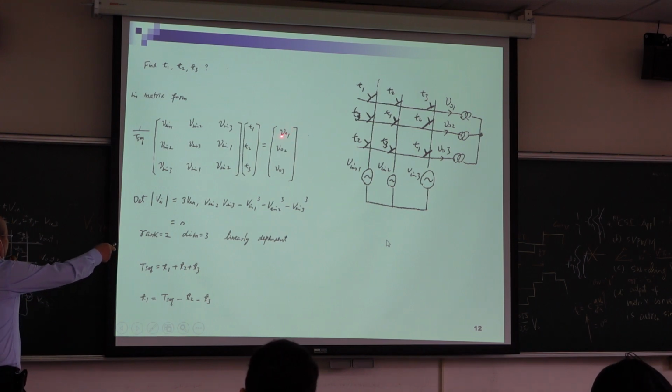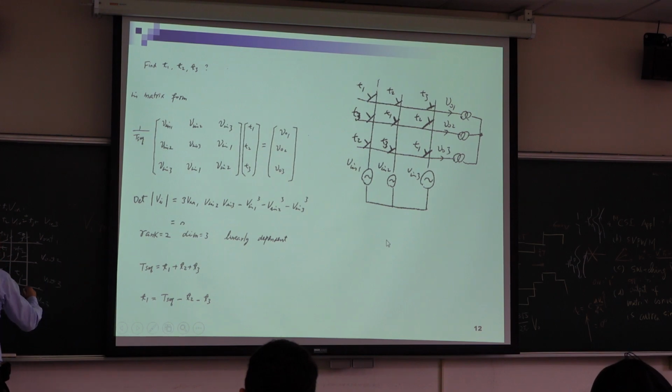We can design VO1 as 110 volt cosine omega0 t. How about VO2? 110 cosine omega0 t minus 120 degrees. This is B phase. How about VO3? 110 cosine omega0 t plus 120 degrees. So we can determine the output voltage.